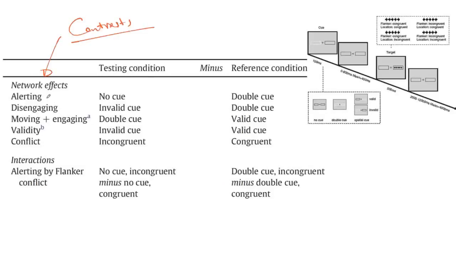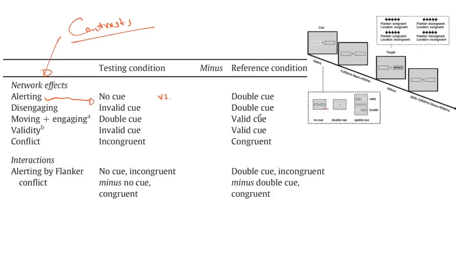For example, the alerting contrast would be no cue compared to double cue. Can you imagine why no cue compared to double cue would activate areas that are related to alerting, being alert?